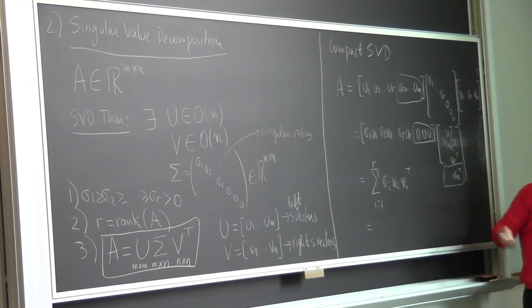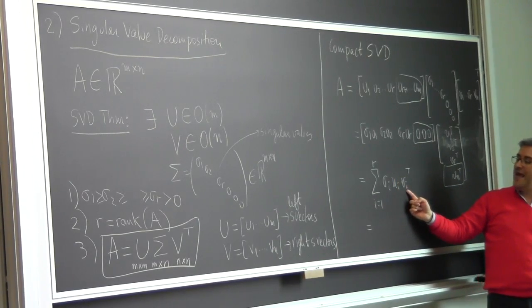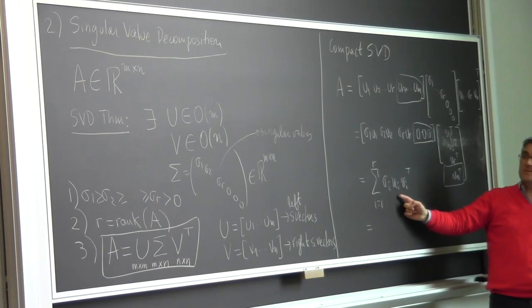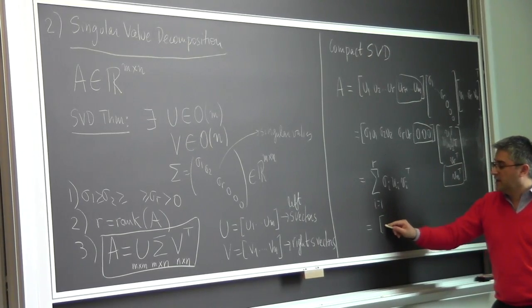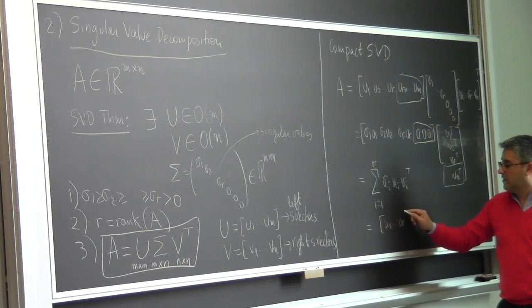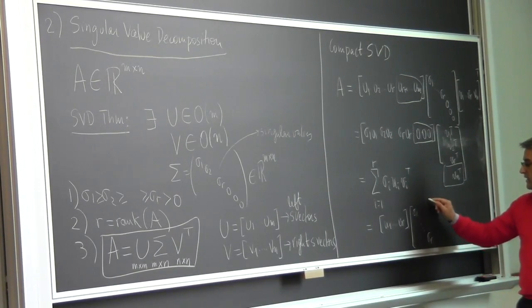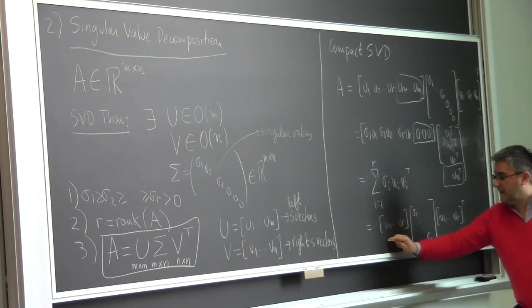Because they are going to be multiplied by zeros after. And in fact, you can see here that I eventually get the sum from 1 to r. So any v sub i or any u sub i that is beyond the rth one is absolutely irrelevant. It will not show up in the summation. So what I'm trying to say is that this is absolutely equivalent to simply saying u1 through ur only, then sigma 1 through sigma r only, and now v1 through vr only. And now this is m by r.